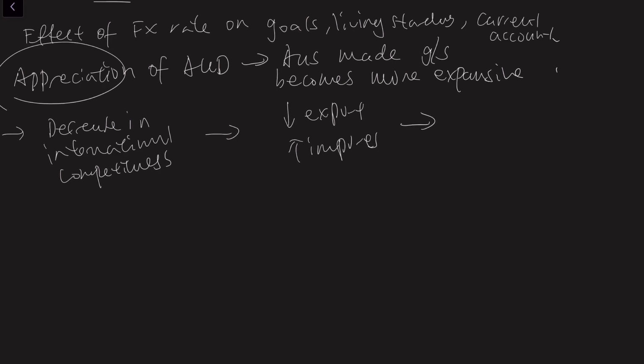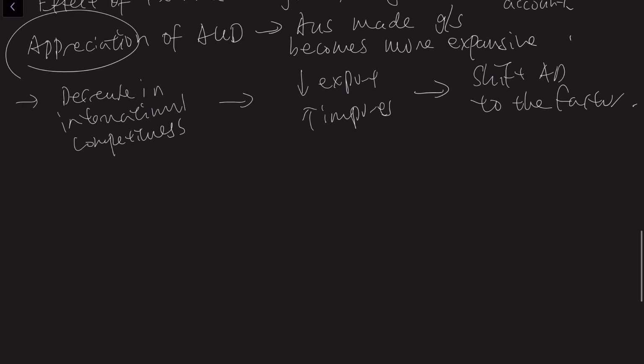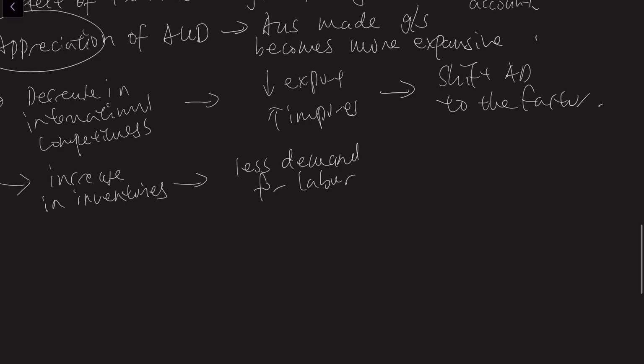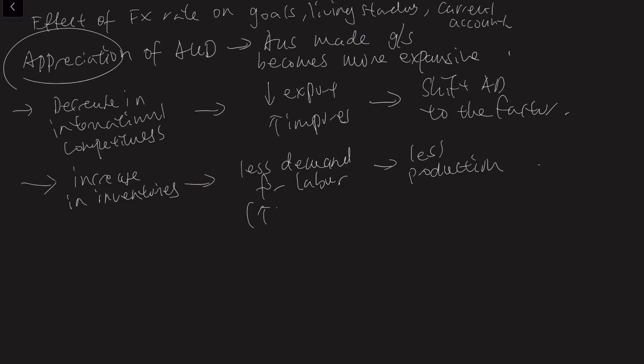And this, remember, shifts the AD to the left, because it is one of the factors of AD. And this would cause an increase in inventories and thus less demand for labor, and less production. So this can increase the unemployment rate. So not good for the goal of full employment.